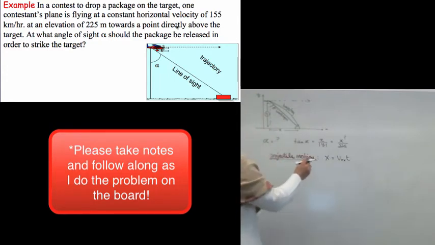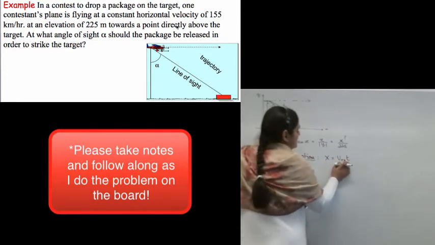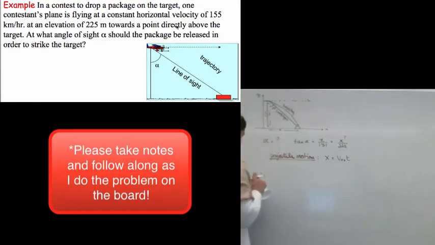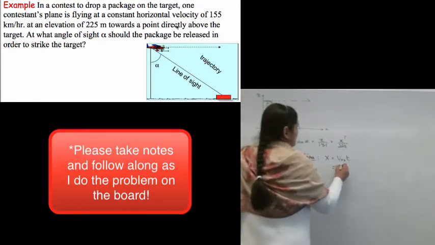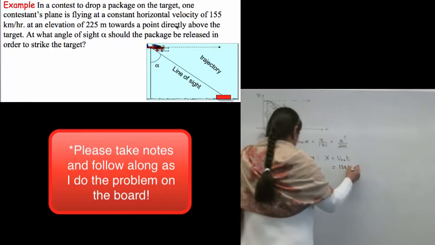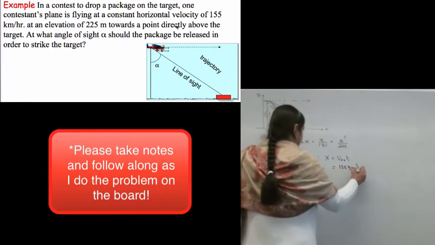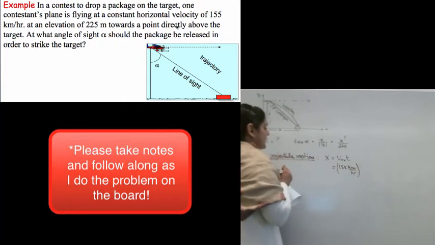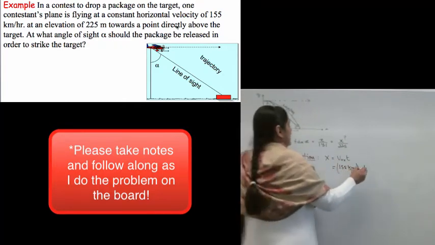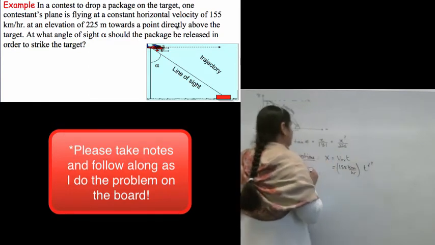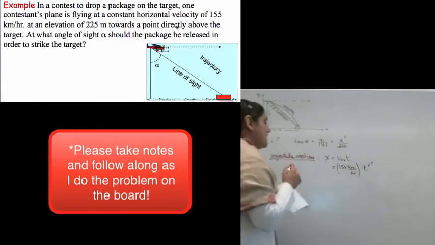That means that whatever this v0x is, it's going to remain the same, which is awesome because the question gives me that this is 155 kilometers per hour, times t. Another problem: I don't know what t is. Now how do I solve that problem?